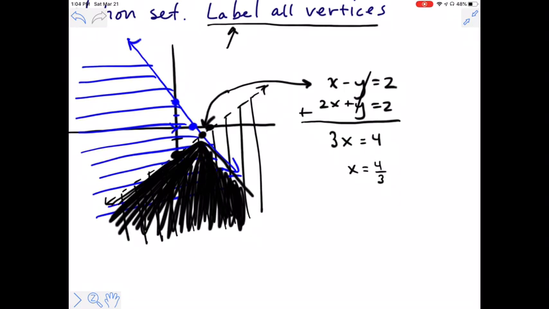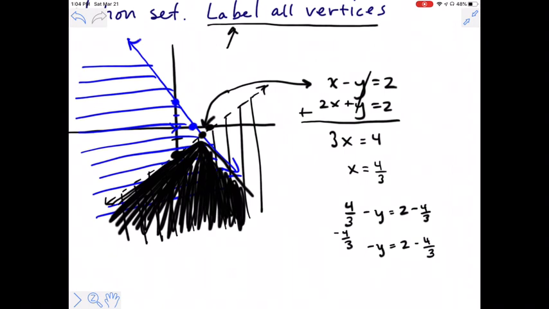And then if we take this and plug it in for that x and use that top equation, we can solve for y. So if I have 4/3 minus y equals 2, then subtract 4/3, then we have negative y equals 2 minus 4/3.